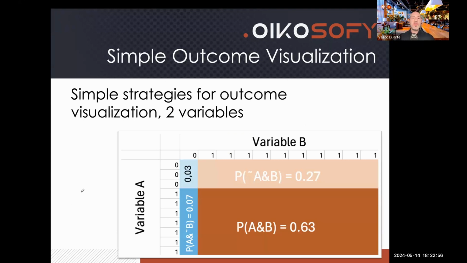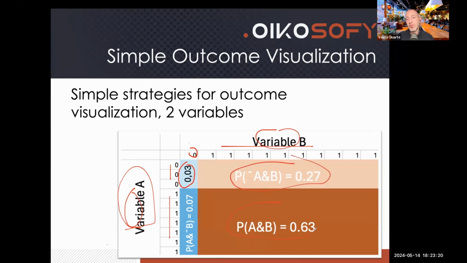Okay, so here's a simple outcome visualization where we only have two variables and they only have two values, right? This is an example of a very simple variable and outcome visualization. So if variable B is 0 and variable A is 0, that's about 3% probability. And then we can talk about 27% probability and 63% probability and so on.